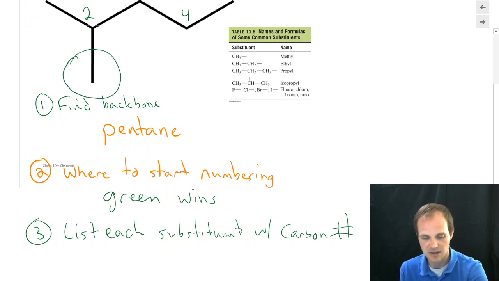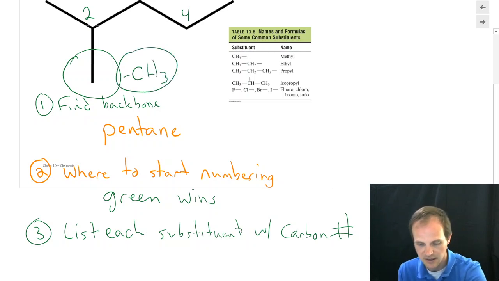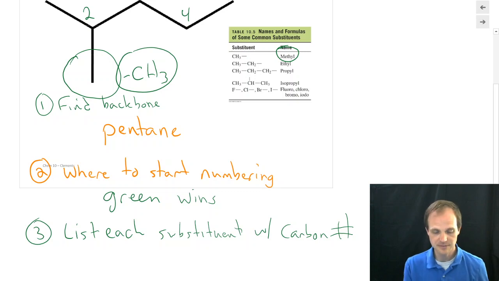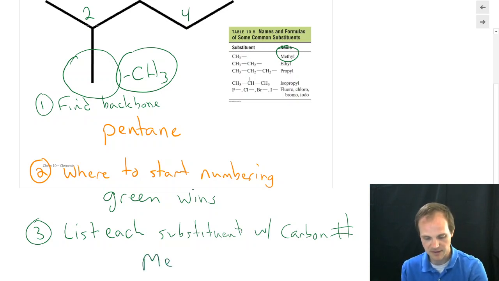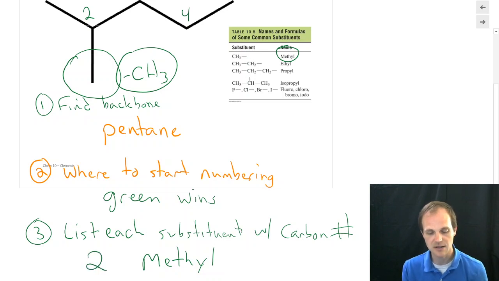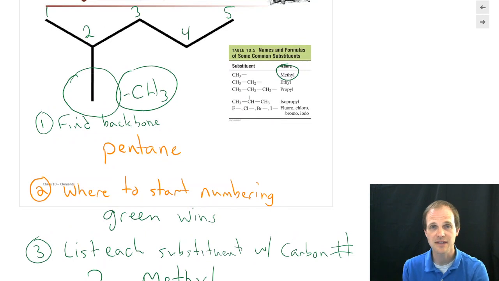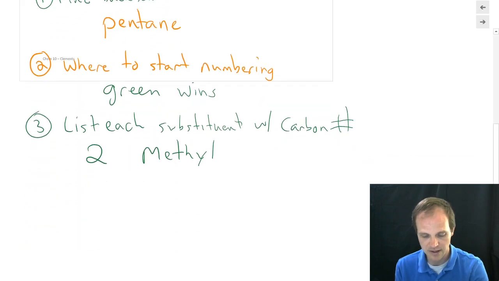And what is it? It's a carbon with 3 hydrogens. And if you remember, CH3 is called methyl. And so I'm going to say, hey, I've got a methyl group here. And specifically, I want to say it's on carbon number 2. If I keep going forward, there's nothing on carbon number 3, nothing on carbon number 4, nothing on carbon number 5. And so I only have this 1 together.